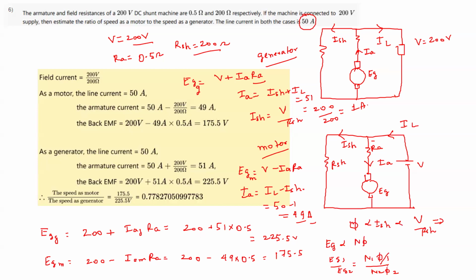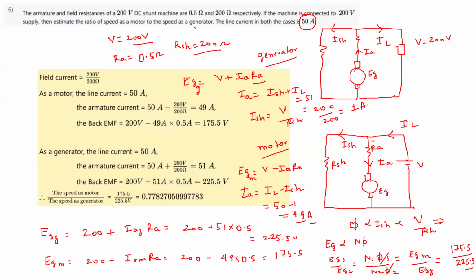Now phi 1 and phi 2 are the same, so the ratio of speeds is nothing but the ratio of their EMFs. They are asking the ratio of speed as motor to speed as generator, so this is equal to EG motor by EG generator, that is 175.5 by 225.5. Is this question clear?